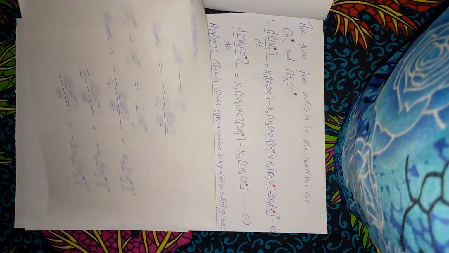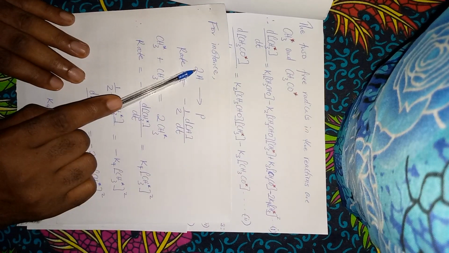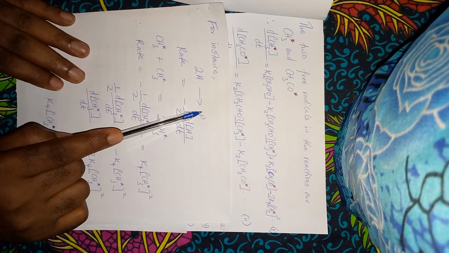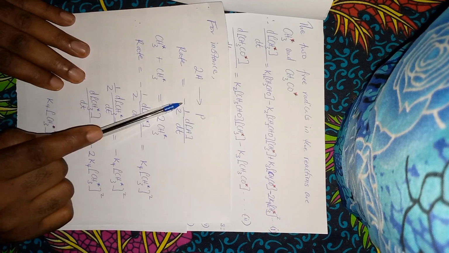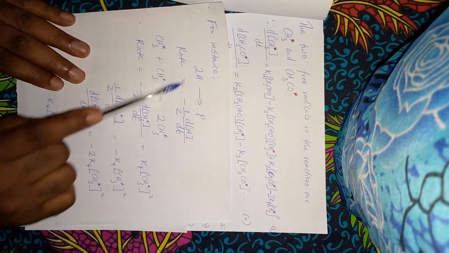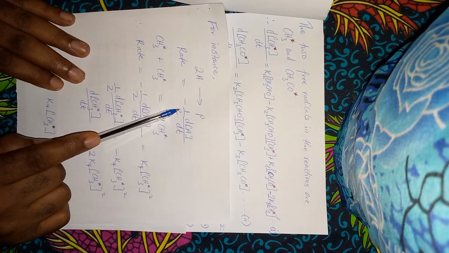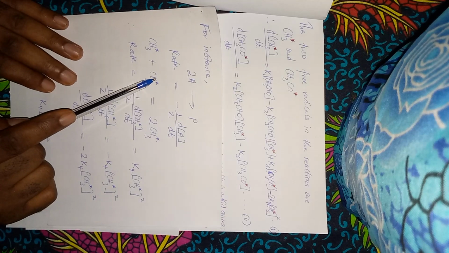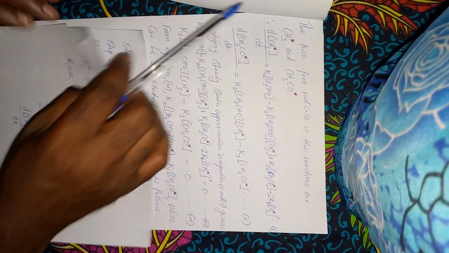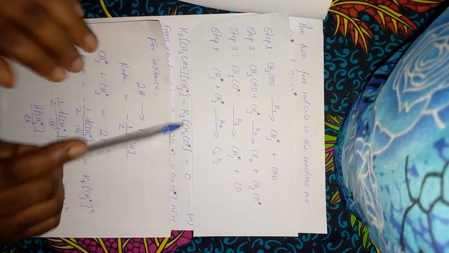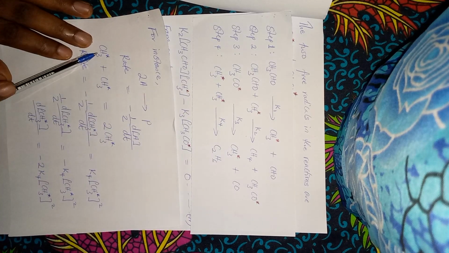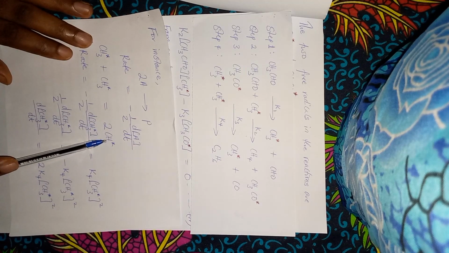Let's take for instance, for us to write the differential form of 2A in a chemical reaction, that will be rate equal to minus 1 over 2, which is the coefficient, dA over dt. So if you look at step 4, we have 2 of free radical CH3. That's why we have this 2 here. And this can also be equal to 2 free radical CH3.